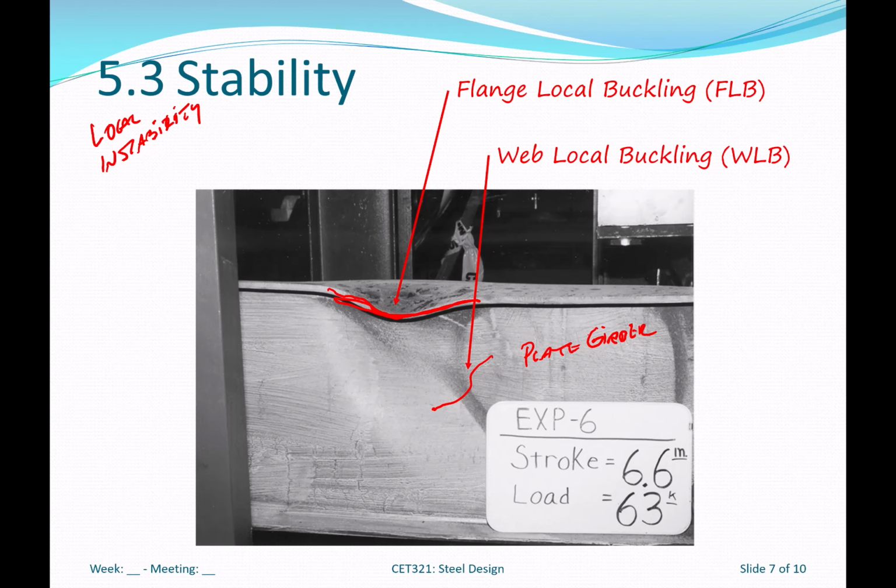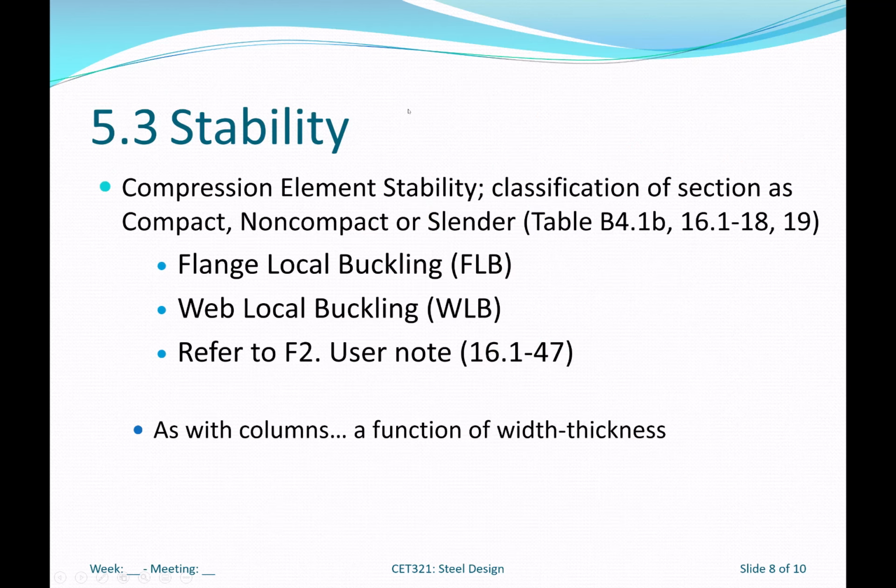And we will see this occurs in some wide flange shapes in our steel manual. But the good thing is it's very few. So again, compression elements, just like in the column, you have to classify them as compact, non-compact, or slender.